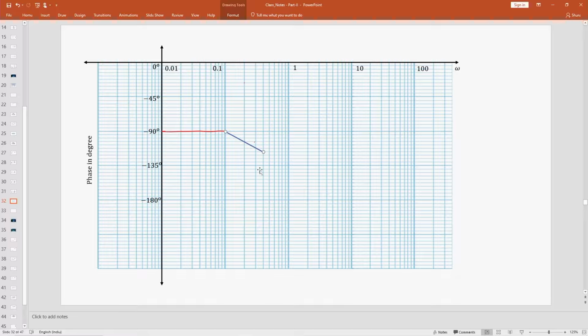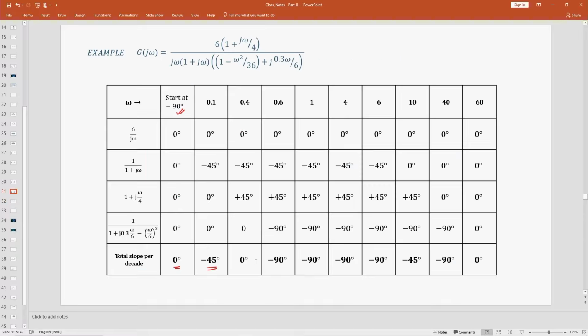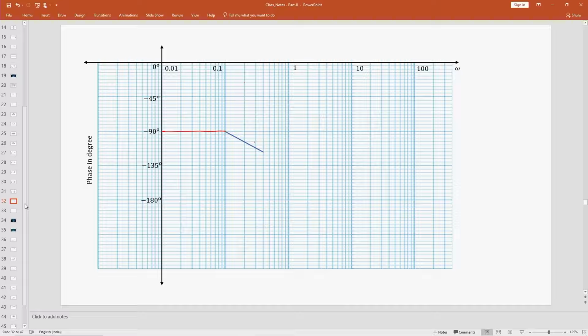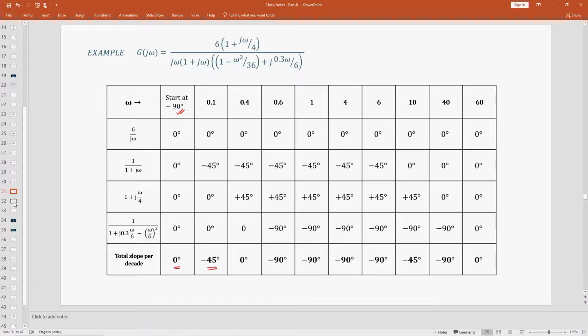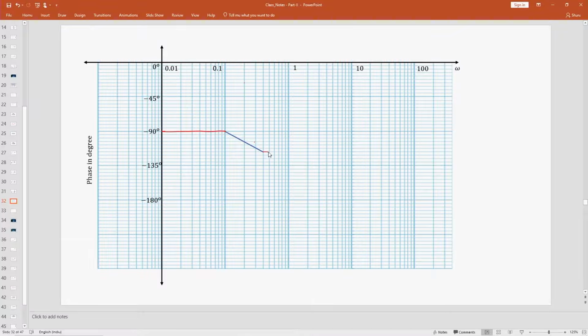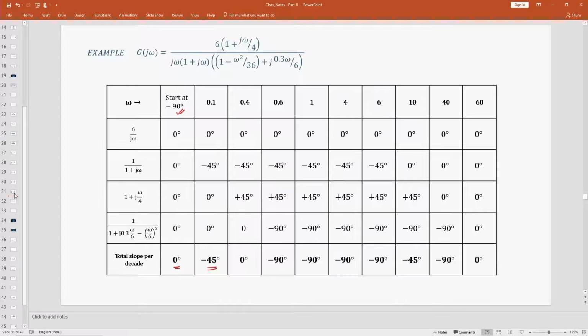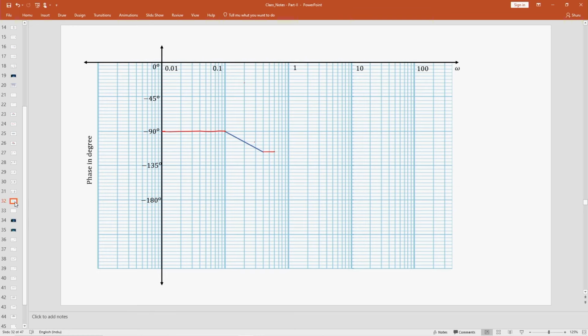Up to this point, then again 0 degree. So, again we have a 0 degree line up to which point? Up to 0.6. So, up to 0.6 we have a 0 degree line, and then again minus 90, you see minus 90 till 10, right, till 10 minus 90.